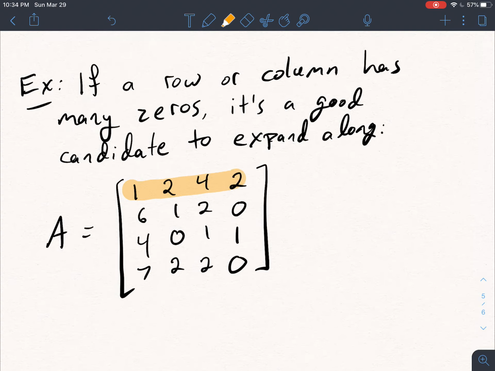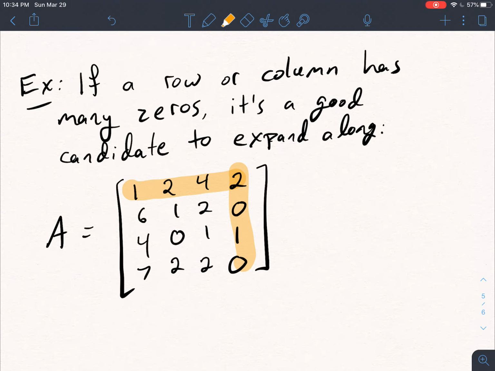And maybe naively you say, oh, all right, well, let me just do cofactor expansion on the first row. Then you would have 1 times a submatrix, 1 times a cofactor minus 2 times a cofactor plus 4 times a cofactor minus 2 times a cofactor.